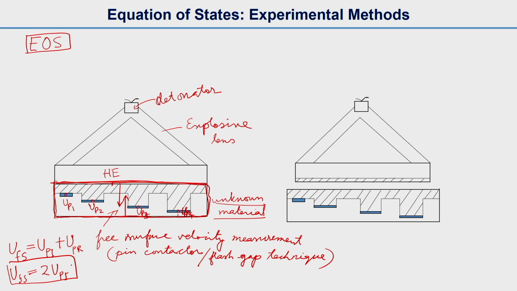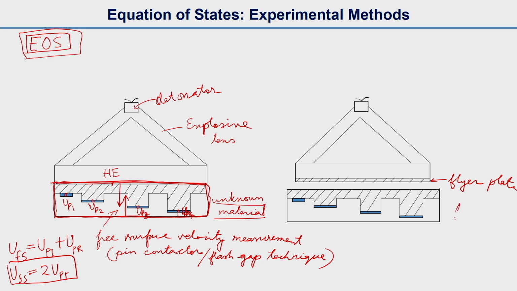If we have these values of particle velocity and the shock wave velocity, then we can get the equation of state. Similarly here we have a flyer plate, a very similar arrangement but with a flyer plate. Sometimes if the pressure is very high, this arrangement is helpful.